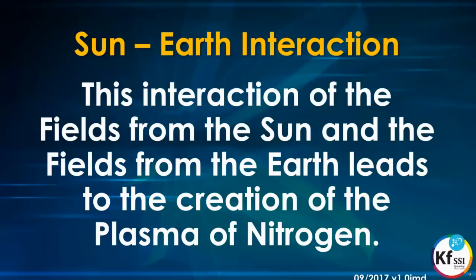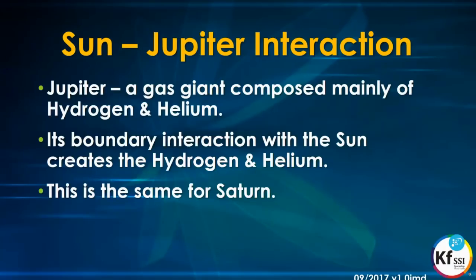When we look at other planets in our solar system, when we look at Jupiter, it's much further away from the sun. And so it has a different position in relation to the sun. And because of its position, it is mainly composed of hydrogen and helium that is created in its upper atmosphere due to the interaction of the fields from the sun and that planet.